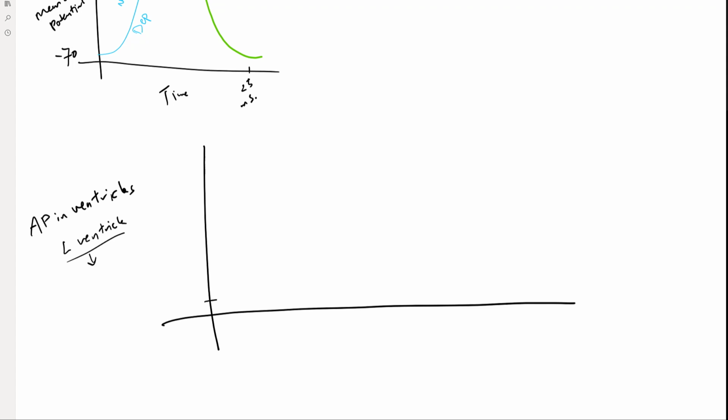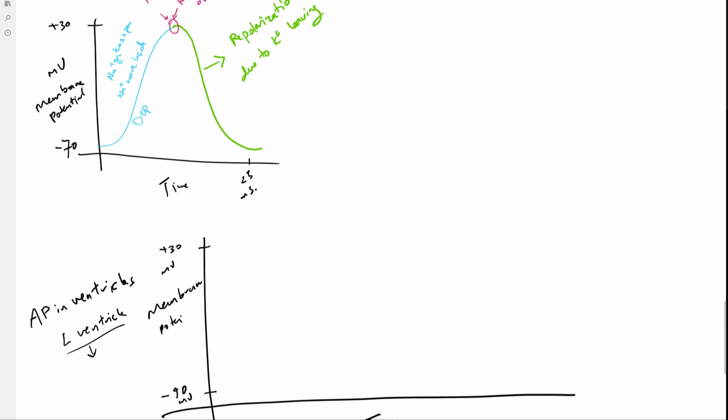So here we have a resting membrane potential at around minus 90 millivolts. Okay, that will go up to around plus 30 millivolts, very similar. So this is the membrane potential, and here is the time. Now the first step, of course, is the depolarization.